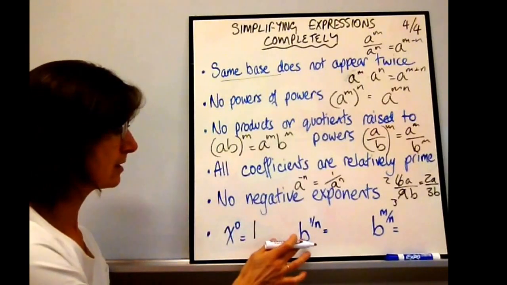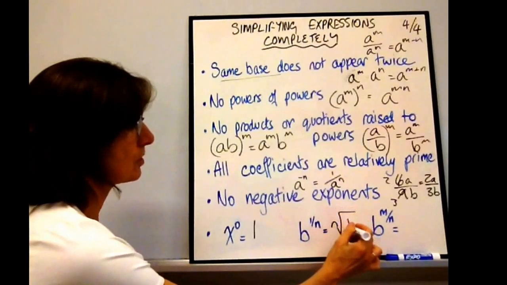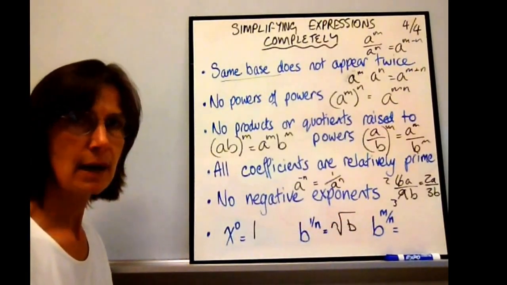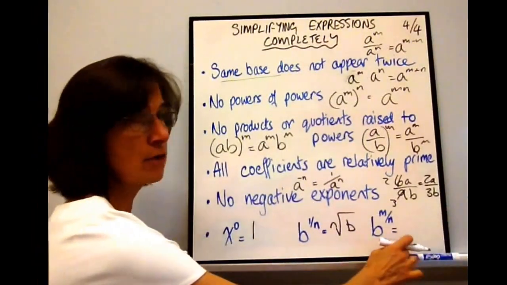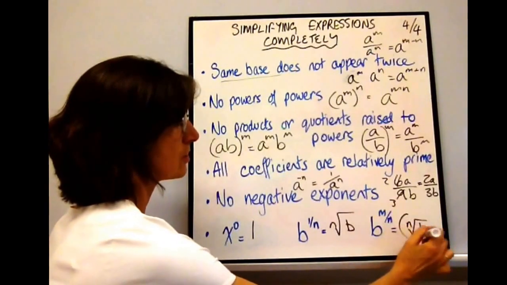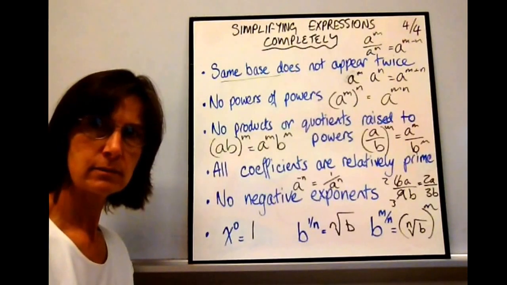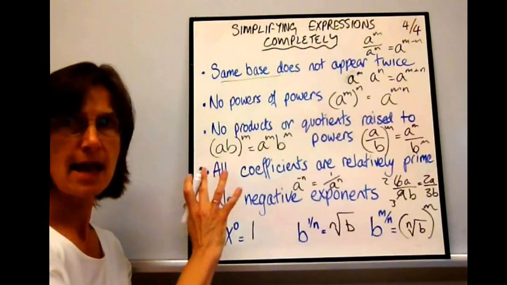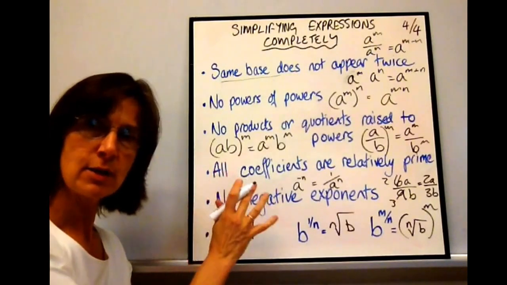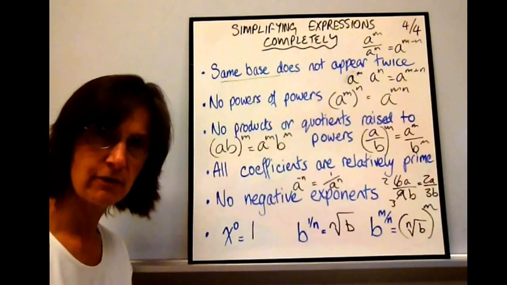We just learned that b to the 1/nth power is the nth root of b, and b to the m/nth power is, I'm going to write the version that I prefer, take the nth root first, and then the mth power. Wow. This is everything we now know on exponents. And this all has to be done for us to completely say that an expression has been simplified.